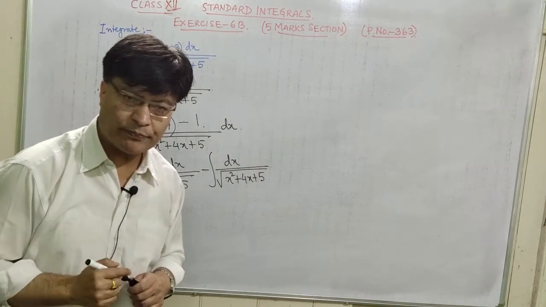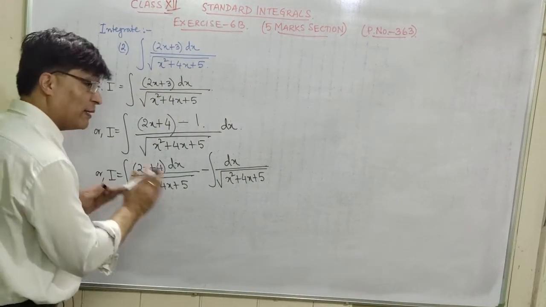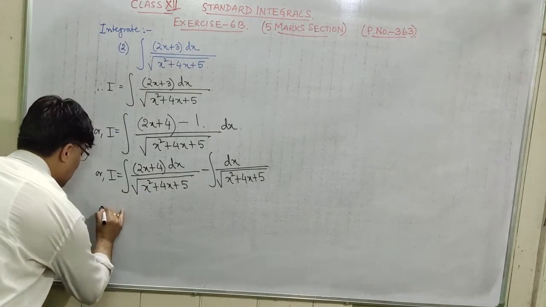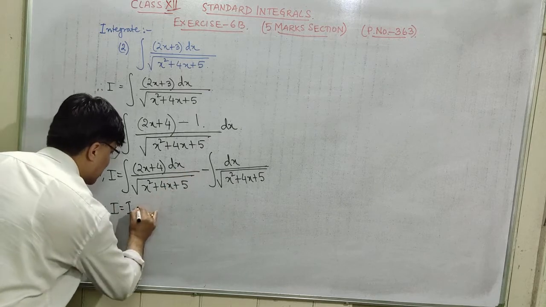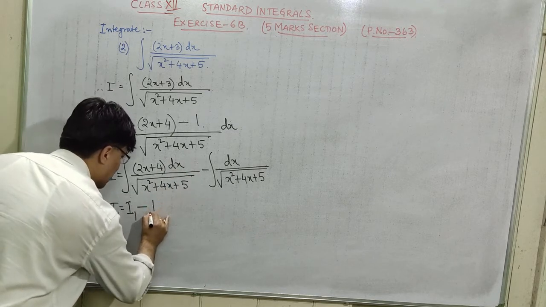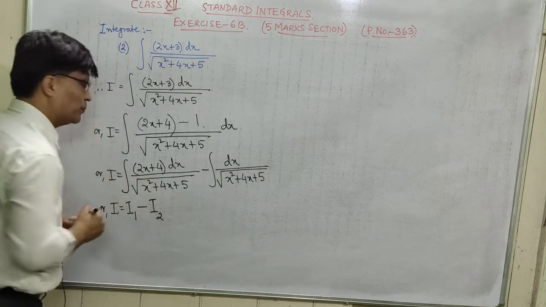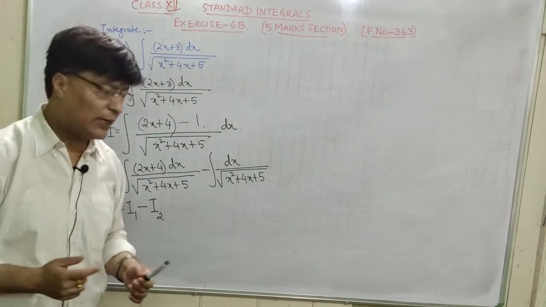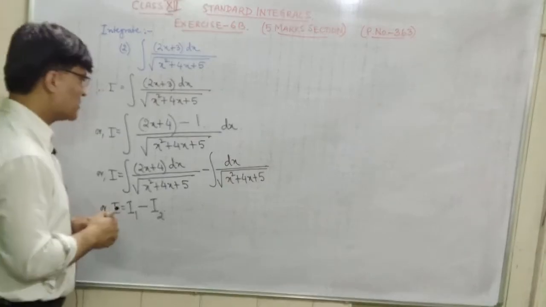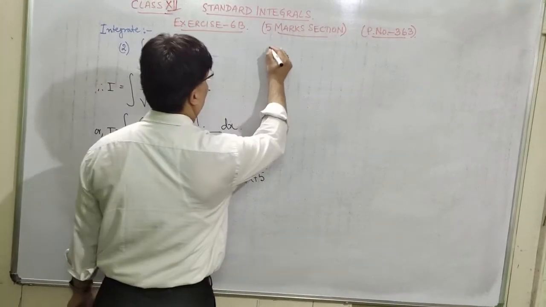Is that understood now? So let us write it as I1 minus I2. The first integration is written as I1, there is minus, and the second integration is written as I2. So this is your I1 minus I2. Okay, so now let us first find out I1.